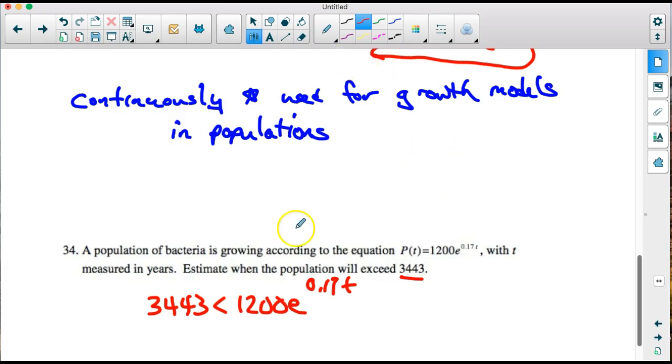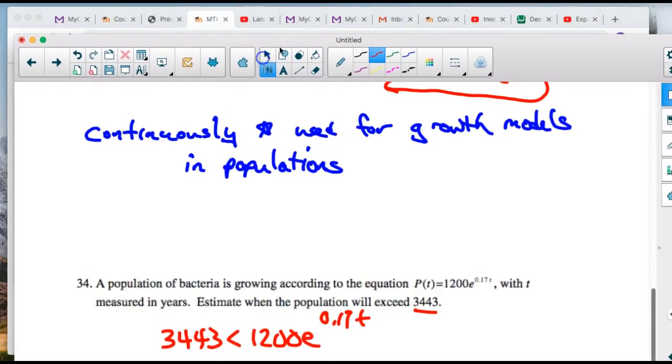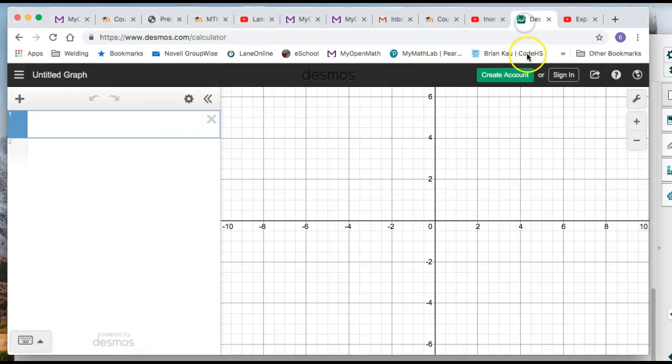So I'm going to go back to the other problem set. We're going to go to Desmos to solve this.